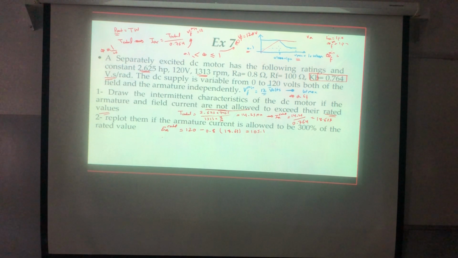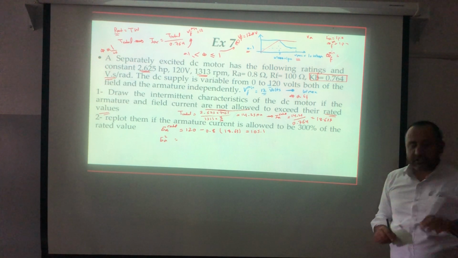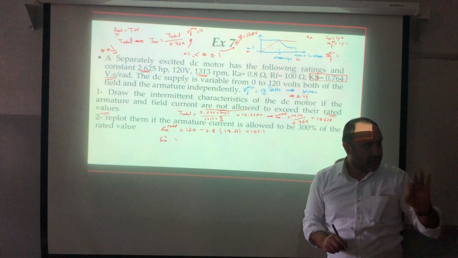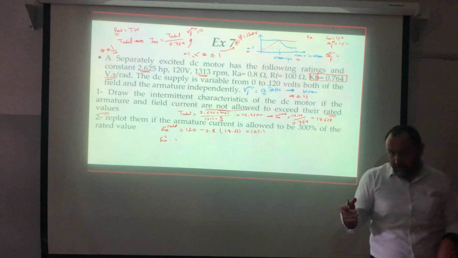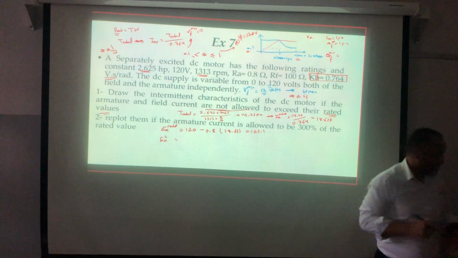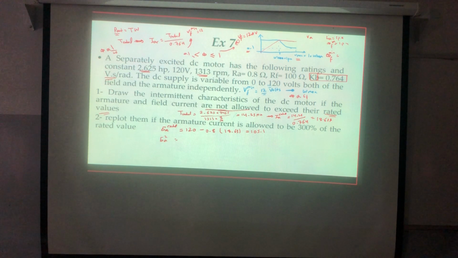105.1. Now, let's calculate EA at 3 times the current. The voltage is fixed. So this will equal to what? 120 minus 0.8 the RA, multiplied by 3, multiplied by 18.63.